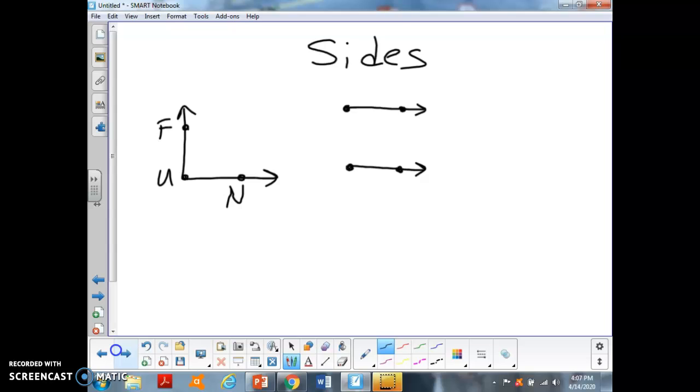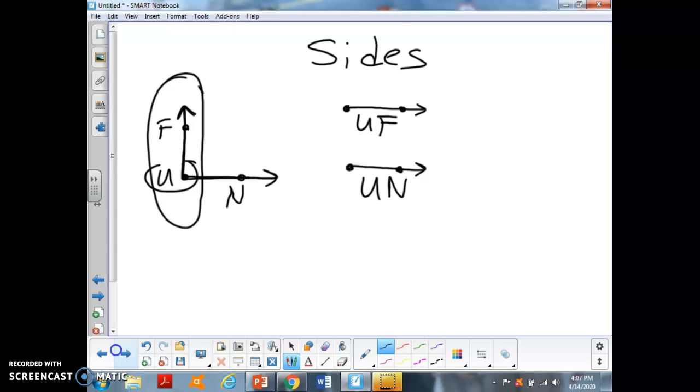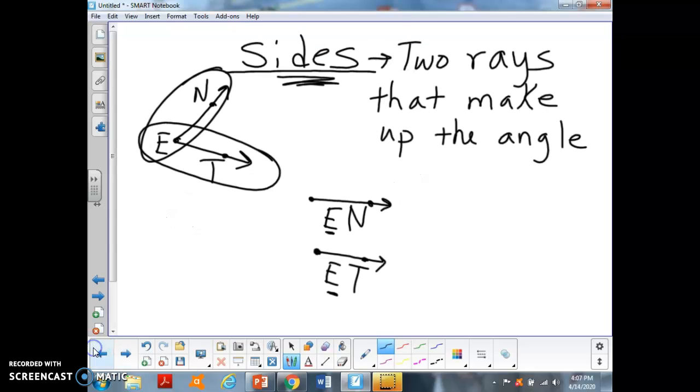It has to begin with my vertex. My vertex is U, so I'm going to put a U down. UF is this one going that way, that ray, starting right here and going on up. And the other one is ray UN, going this way. Okay, so that's the sides of it. What makes up your angle? Two different rays or two different sides.